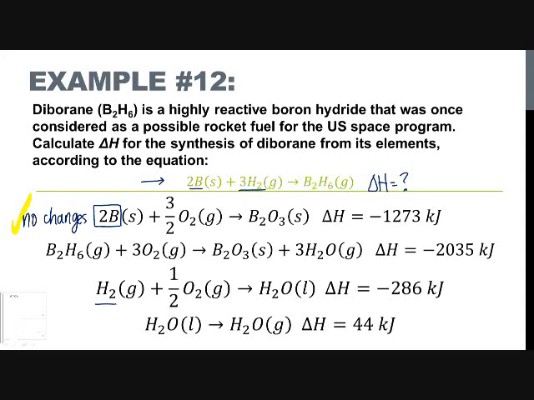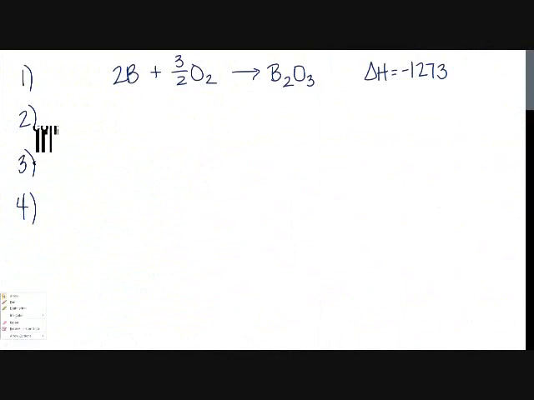So not only are we going to multiply the H2 by 3, we're actually going to multiply everything in the equation and the number all times 3. Okay, so I'm going to rewrite this on my next slide, putting coefficients times 3. So that means that we've got 3H2 plus, and it was 1/2 O2, so that turns into 3/2 O2 to make 3 waters.